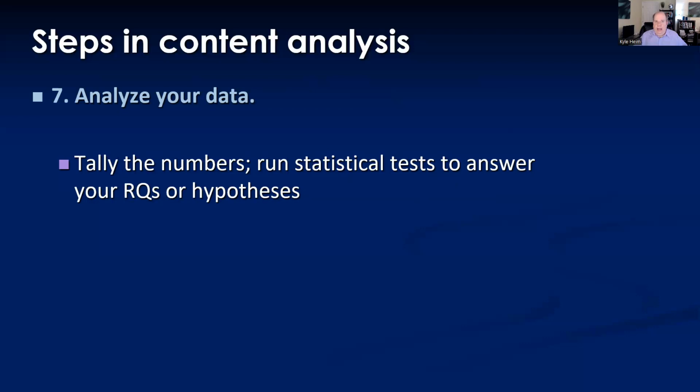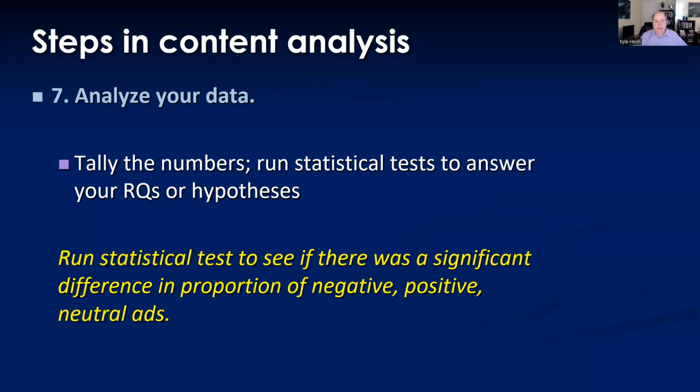At the end, you would tally up your numbers and run some statistical tests to answer your research questions or your hypotheses. Was your hypothesis supported, or do you have to reject your hypothesis? In the hypothetical, you would run a statistical test to see if there was a significant difference in the proportion of negative versus positive versus neutral ads.